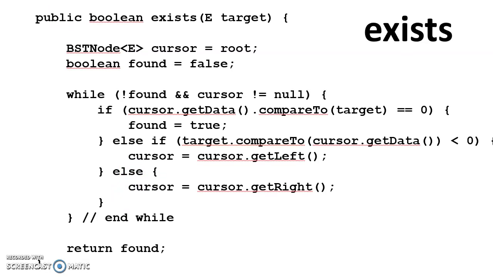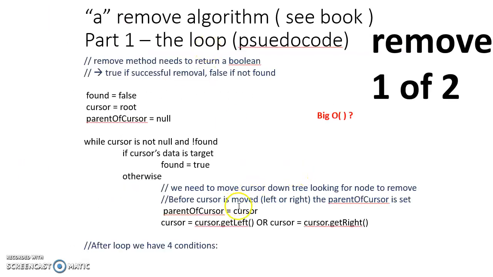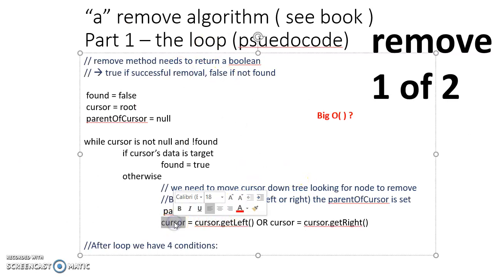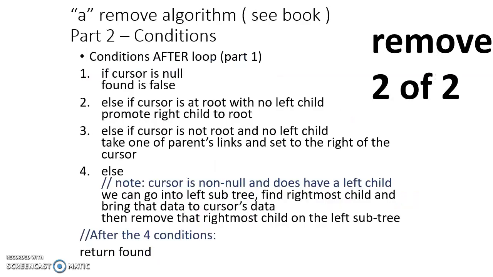That first part of the remove is the loop. What it does is it moves cursor down the tree, left or right, and it moves the parent along with it. So when this loop is done, we either found what we're looking for, or we didn't. In terms of the conditions, that's what we'll take a look at here.